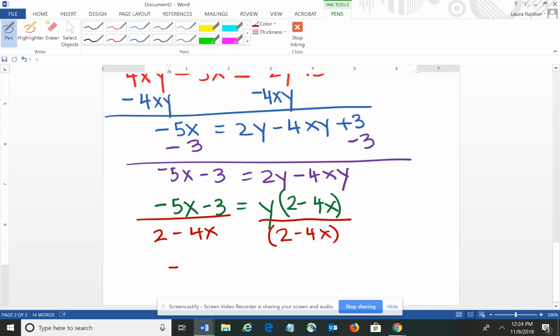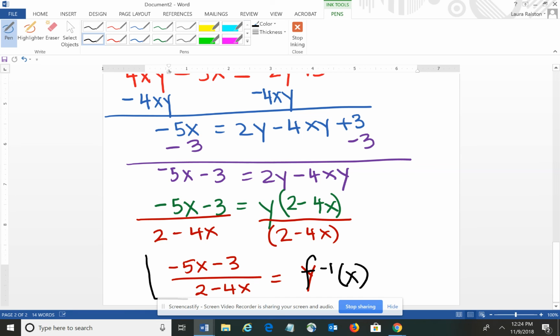So I'm left with negative 5x minus 3 over 2 minus 4x, and that equals y. But remember that y is your f inverse. Again, it's not difficult. It's just remembering how to do all of those algebra steps.